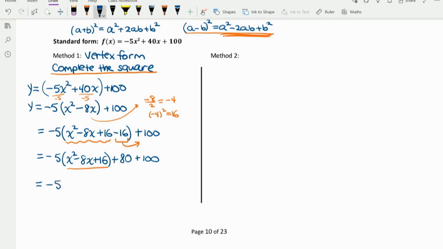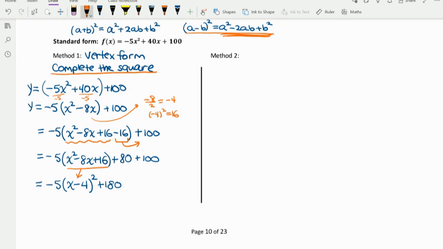So negative 5 (x minus 4) squared, and then I'm just going to add these numbers together, plus 180. Okay, so I have taken this and turned it into a perfect square.